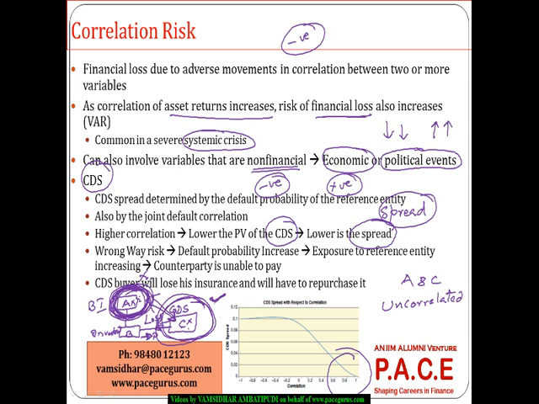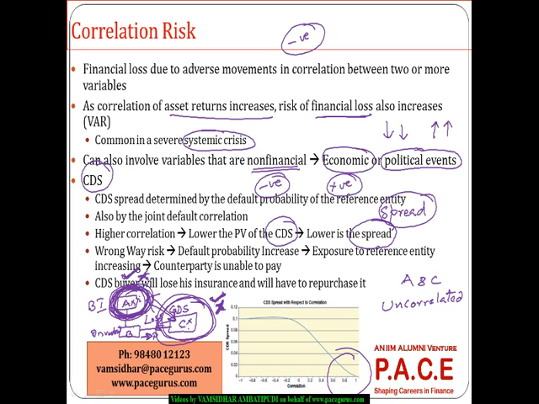But if this does not default, this can default. Right now, in the first case, when this is defaulting, this will not default, I am very much safe. But think of the other route. When this is not defaulting, there is a chance that this will default because the correlation is almost -1.